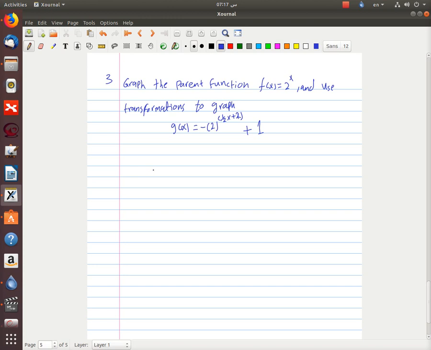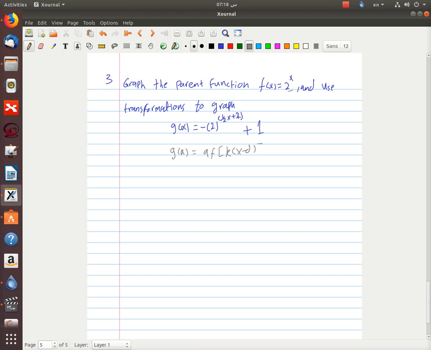So as you may recall before, graph the parent function 2 to the power x and use transformations to graph this function. Now as you can recall before, the law is like that: a f of k(x minus d).